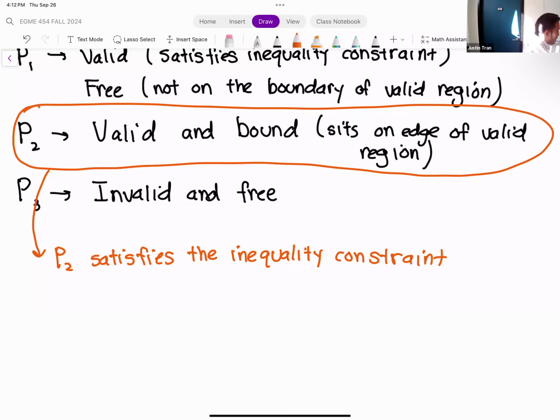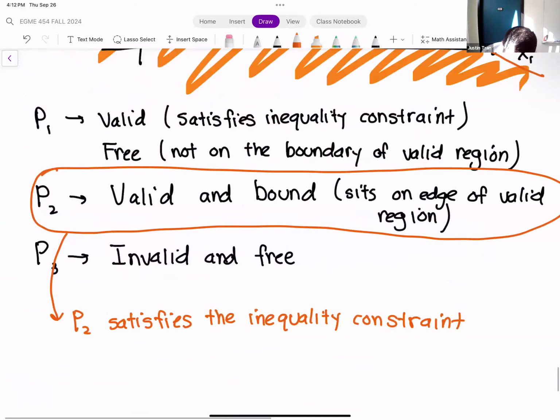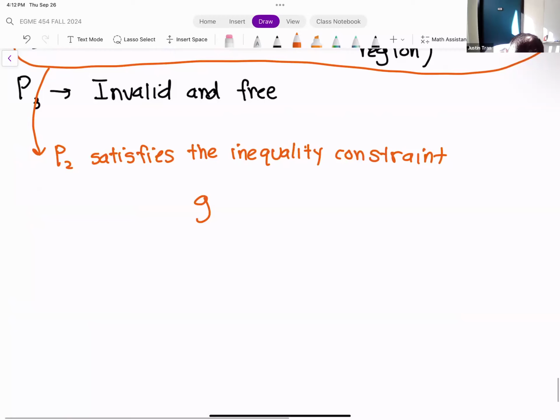But it does so in a very particular manner, right? Not only does it satisfy the inequality constraint, remember, all inequality constraints are given by a form like this. We have g(x1, x2) less than or equal to 0, right? Remember, that's our standard form for the inequality constraint.